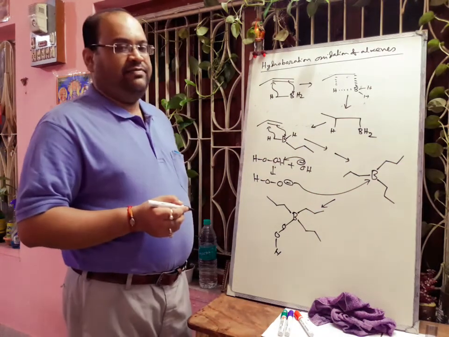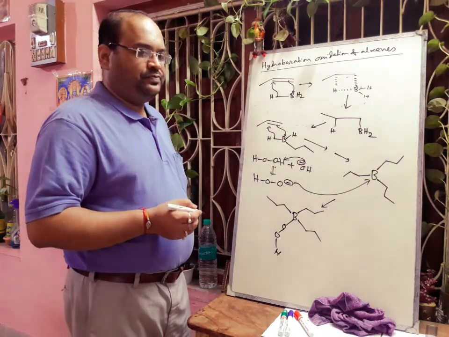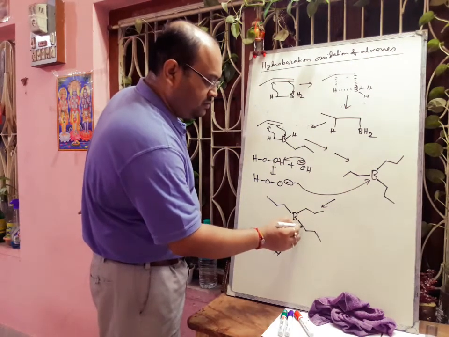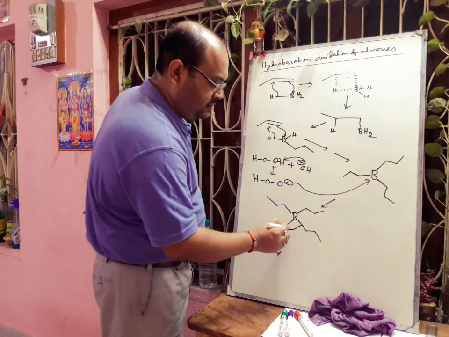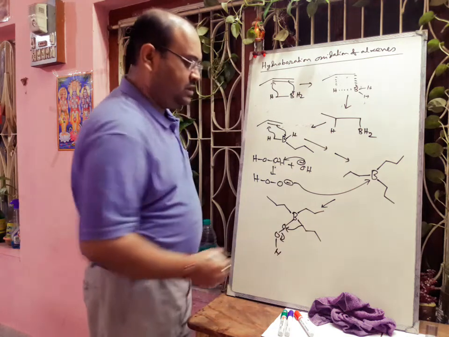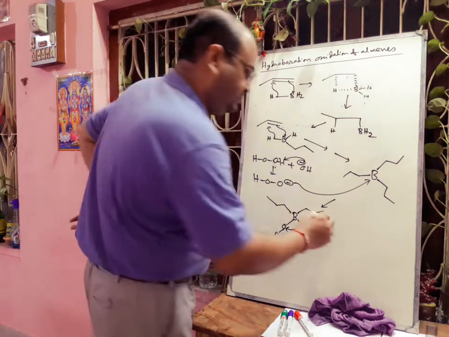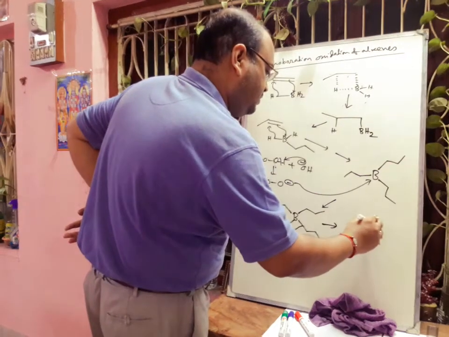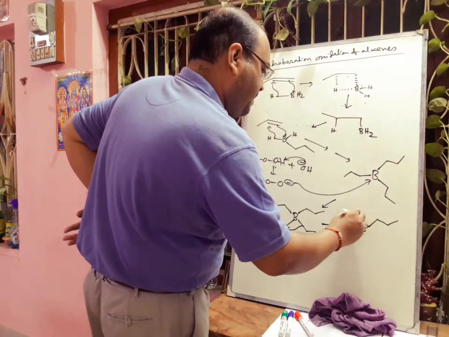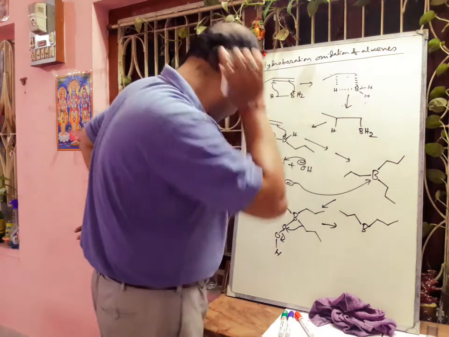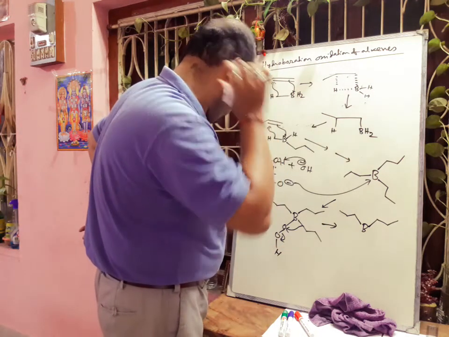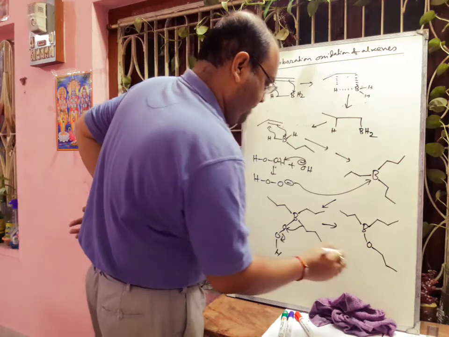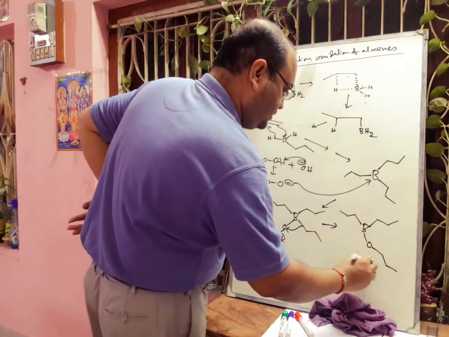In the next step, what will happen? This alkyl group, this bond will break to here and we will get this product plus OH minus.